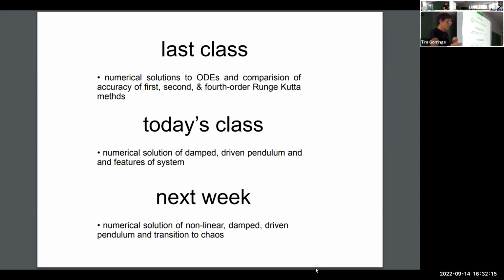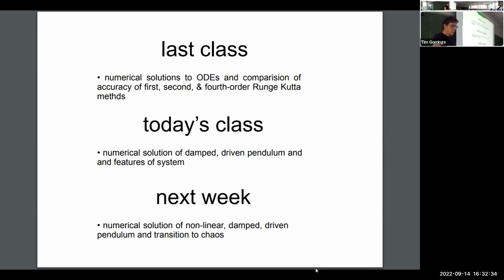In today's class, specifically, we're going to solve numerically the damped-driven pendulum ordinary differential equation, and we're going to focus on some of the basic features and characteristics of that system.